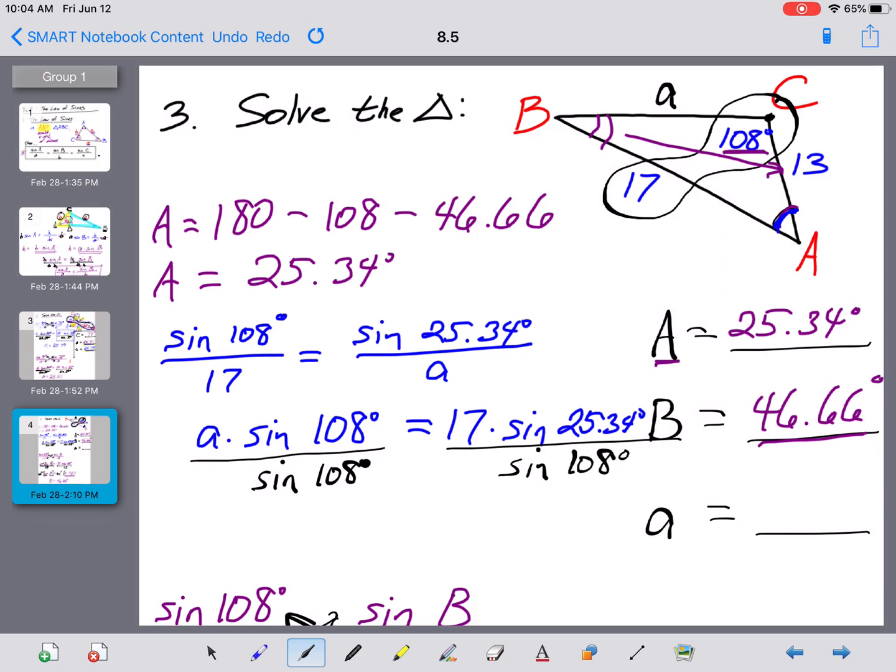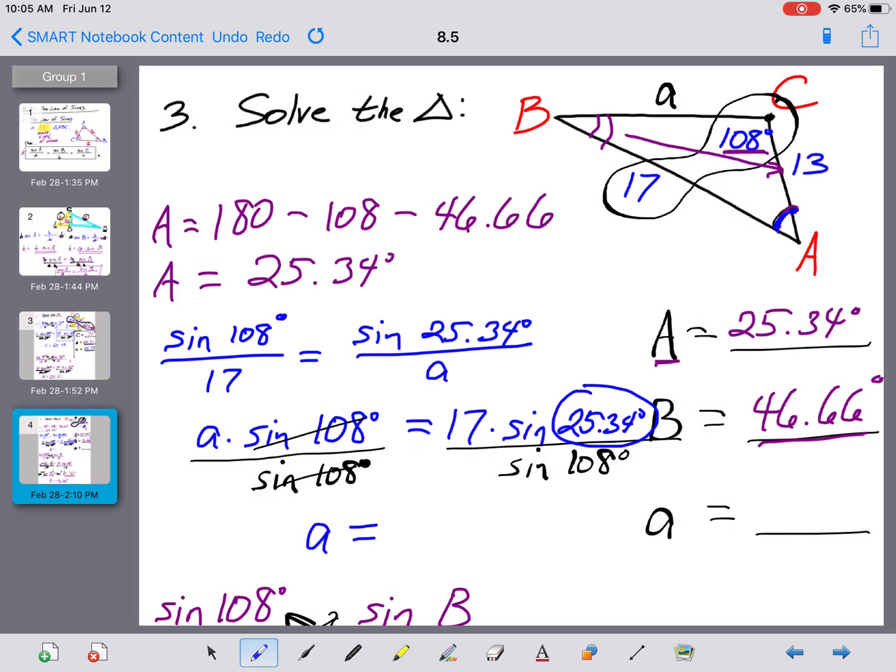And this is going to be messy and complicated to do in the calculator, but it's going to work. So we're going to get little a is equal to, and the tricky thing here, guys, that 25.34, once again, is an approximation. So instead of typing in 25.34, I'm going to use my last answer key.